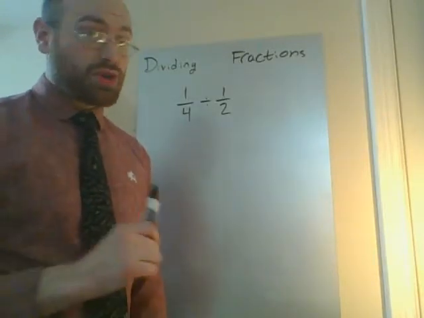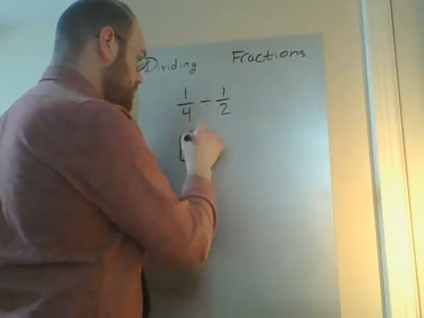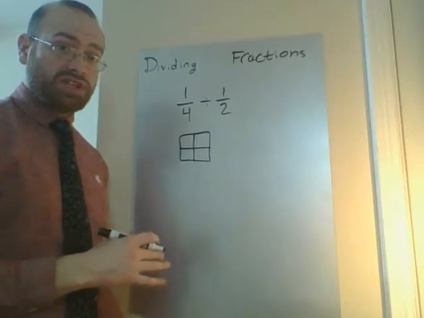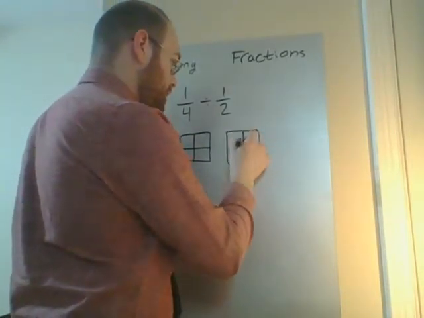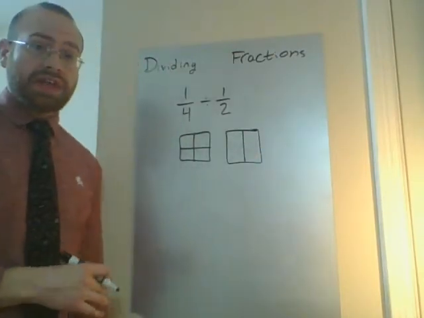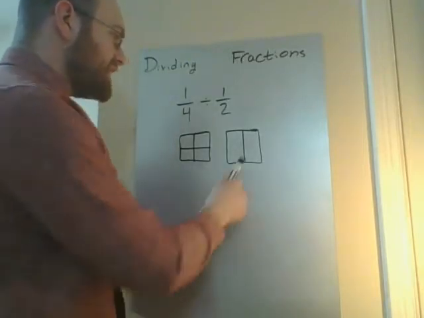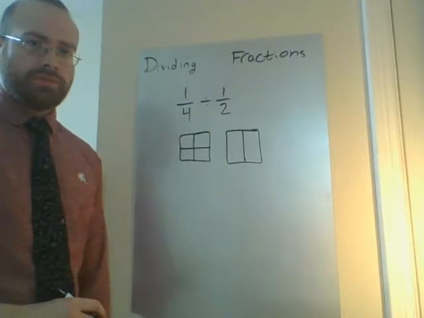So again, let's draw a picture. So this is a square divided into 4 pieces. Each is 1/4. This is a square divided into 2 pieces. Each is 1/2. And we want to find out how many halves can go into 1/4.